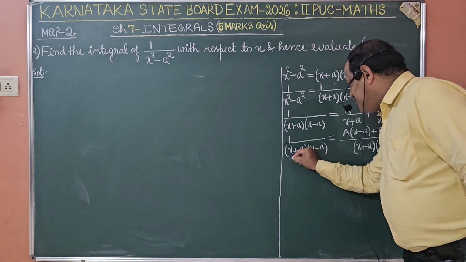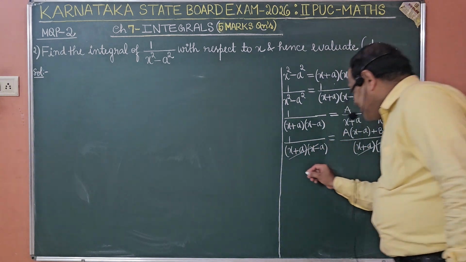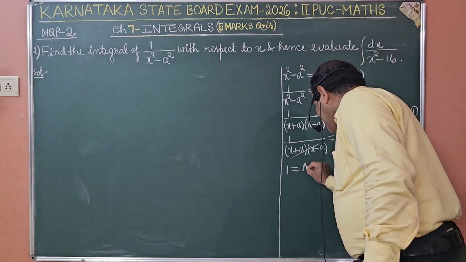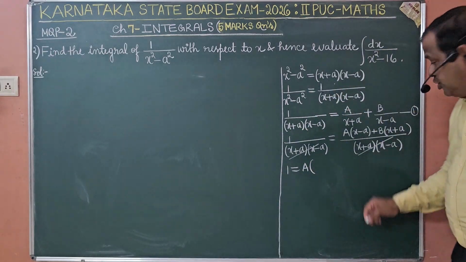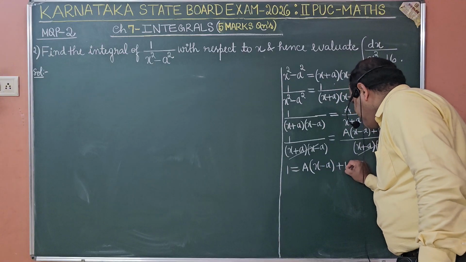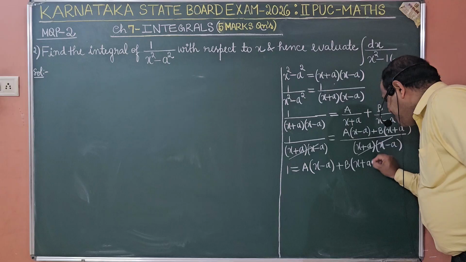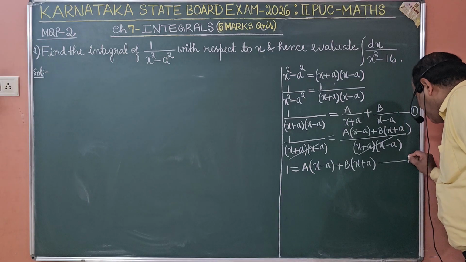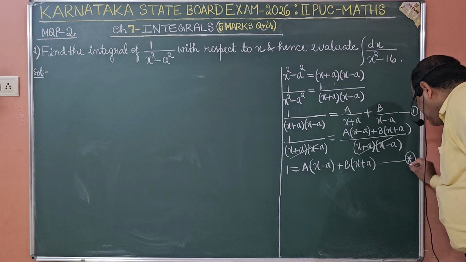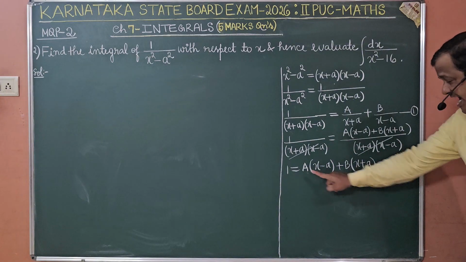Cancel the denominators on both sides. Equate the numerators. So 1 is equal to capital A into x minus a, our first term, plus B into x plus a, our second term, and this I have a practice of writing as equation star. My aim is to find the unknowns A and B.